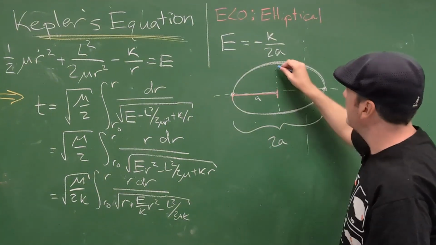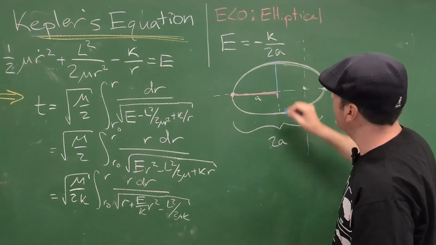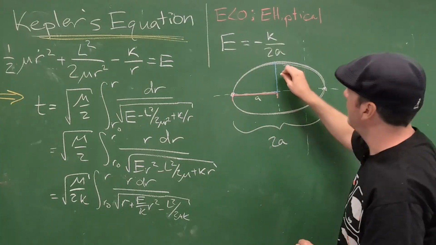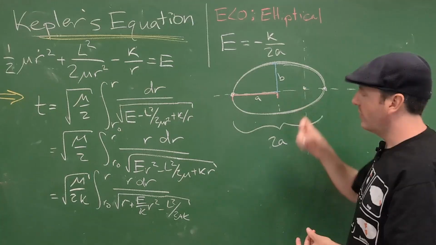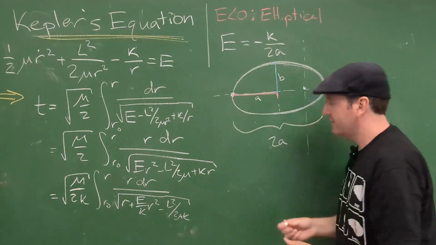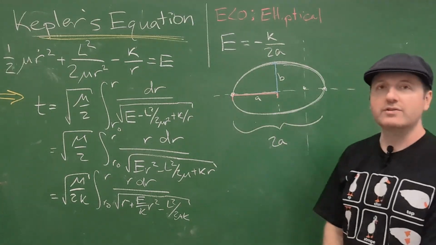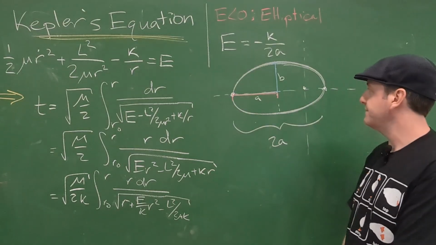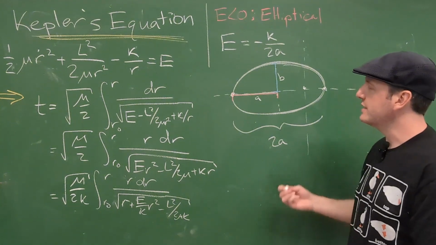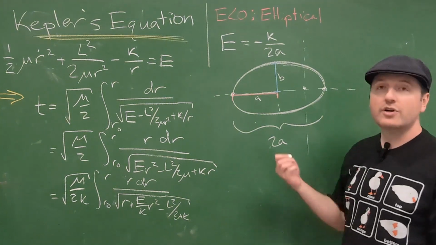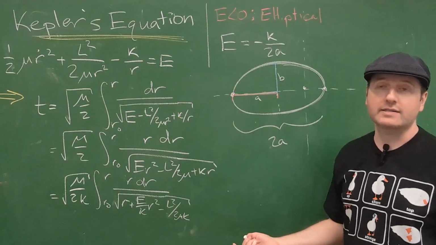And then for later, if we need it, we also typically have this distance, which is b, the semi-minor axis. All of that's not related directly to what the focal distance is from this point to other places on the trajectory, but we want to write down the total energy of this elliptical orbit in terms of its semi-major axis.